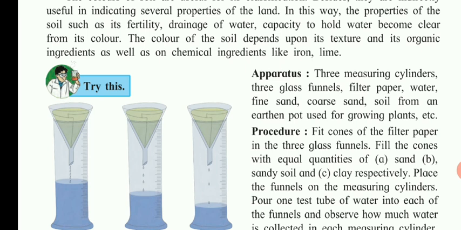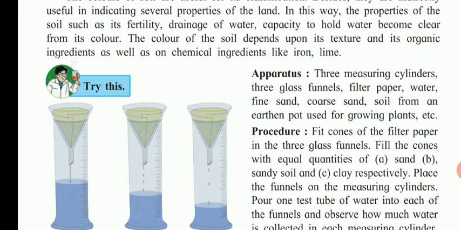Color is very useful in classifying soil. To classify soil into different types, we see the color and classify the soil accordingly. It is also directly useful for indicating several properties of the land: the fertility, drainage of water, and capacity to hold water become clear from its color.